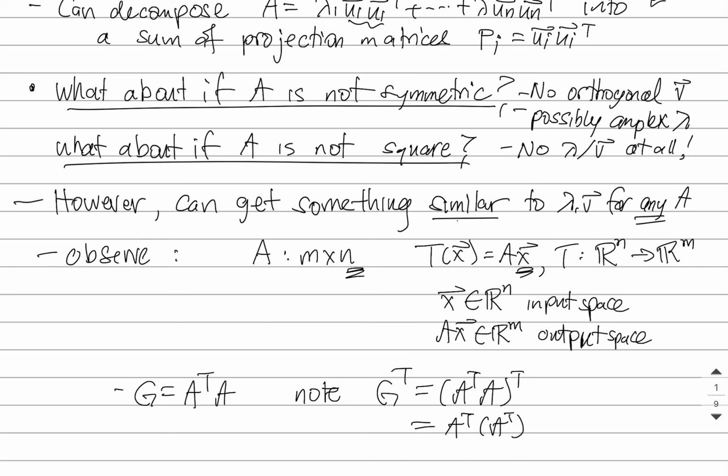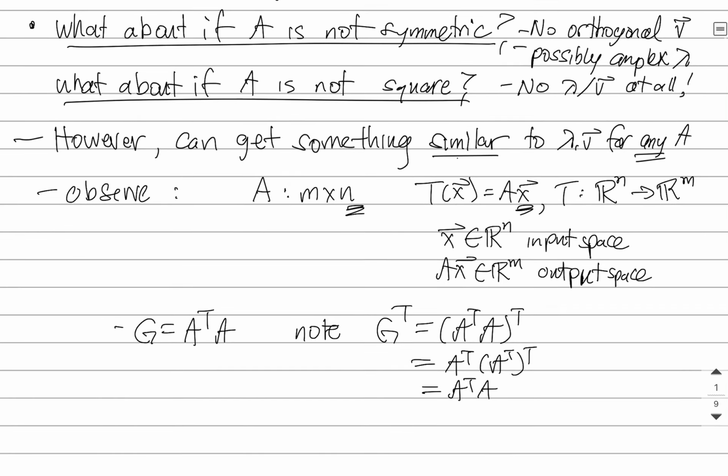So you'll get A transpose A. Well, guess what? That's symmetric. So G is symmetric, and as soon as G is symmetric, that tells you that G has an orthogonal diagonalization.